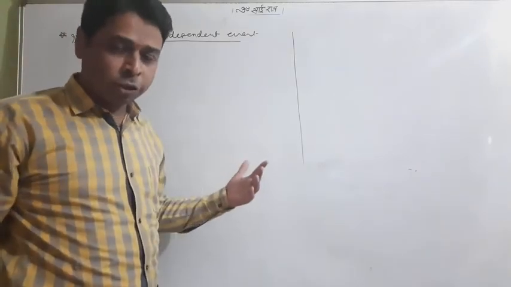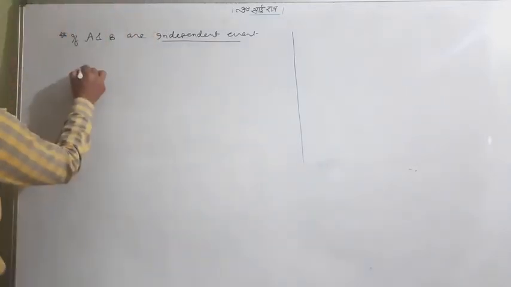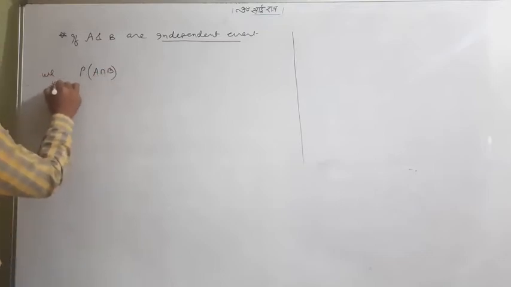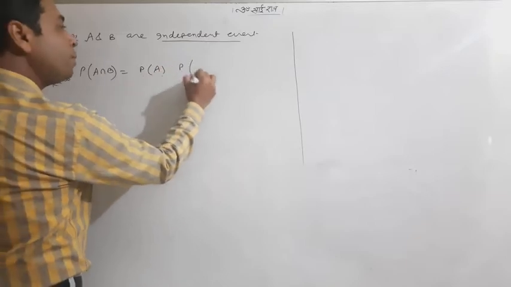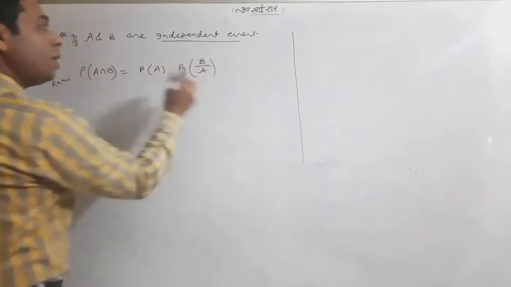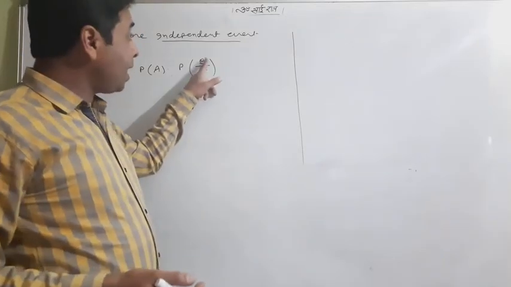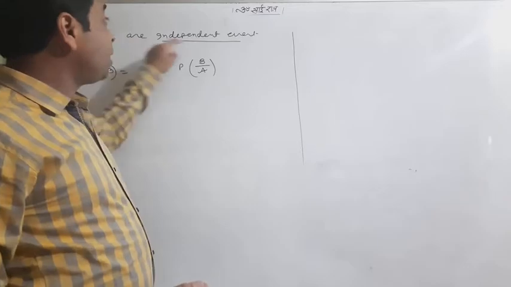The previous formula I taught you was actually not for independent events. P of A intersection B is equal to P of A into P of B upon A, you know it. But if you focus on this formula, A happens independently and B happens depending on A. But this time A and B are independent.